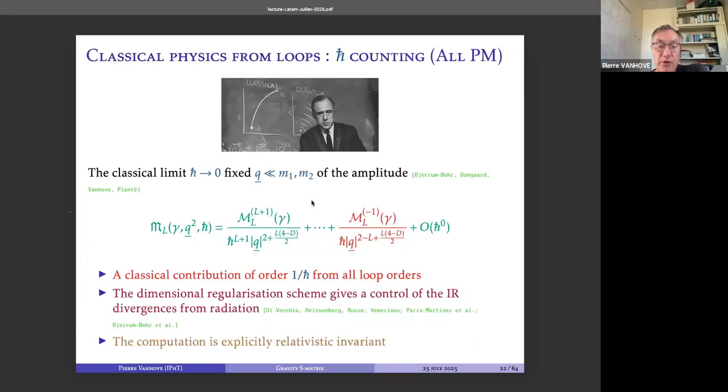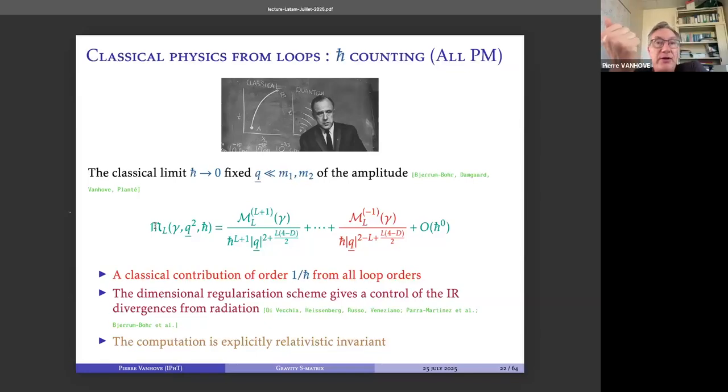And I'm going to explain to you why this is happening and why it should happen. Normally you think that when you do a perturbation in quantum field theory, an L loop amplitude has a factor of h bar to the L minus 1. I'm not saying this is wrong. This is of course correct as a generic statement.